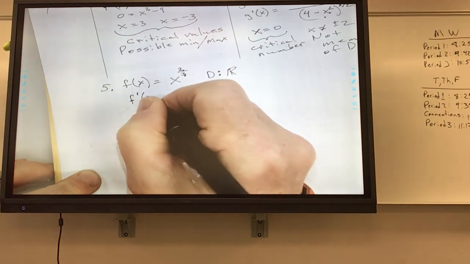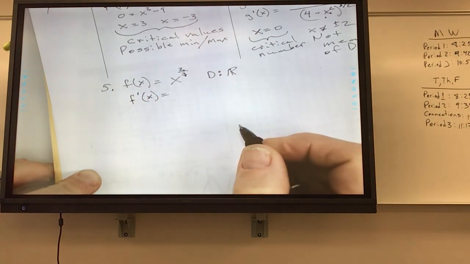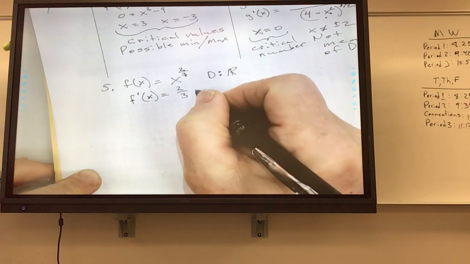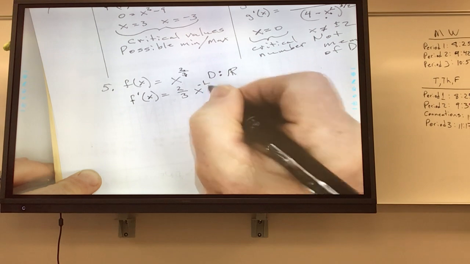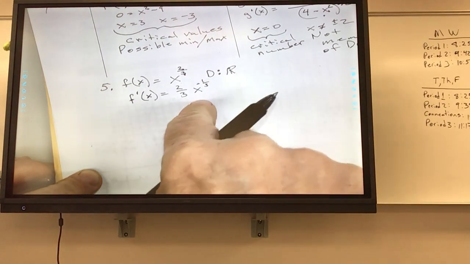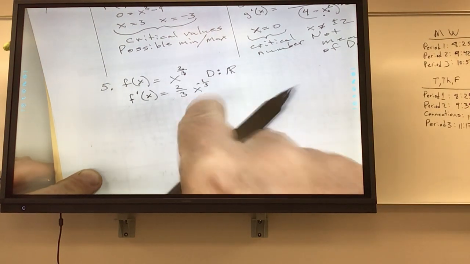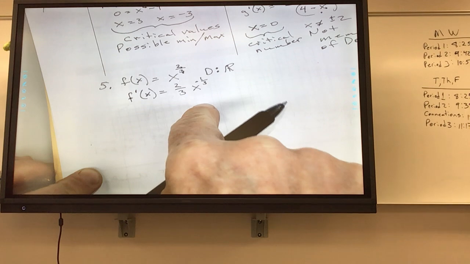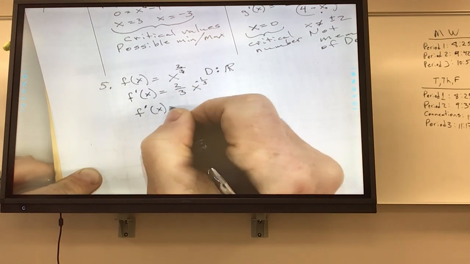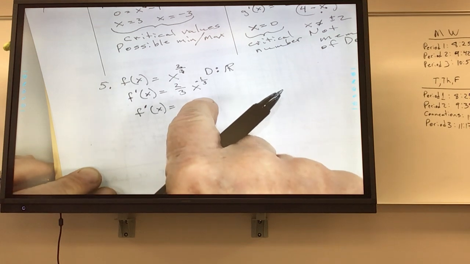All right, back to you, Ella. What's the derivative? 2/3 x to the -1/3 power. Perfect, just like that, right? Would everybody agree? To find the critical number, we cannot leave it like this. So, Ella, is this thing a fraction?